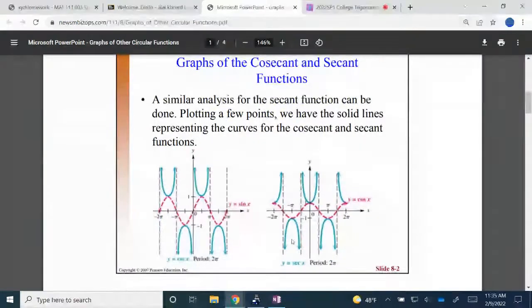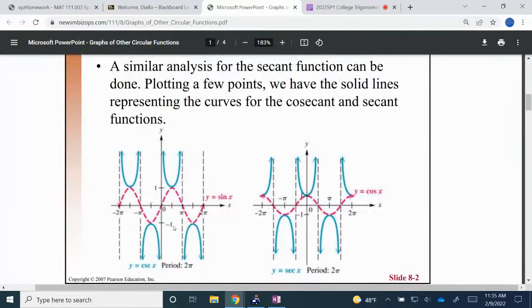Right. So we'll take a look at the graphs. Notice here we have two curves. I'm going to blow this up. On the left, we have the cosecant curve. And keep in mind that the cosecant is the reciprocal of the sine.